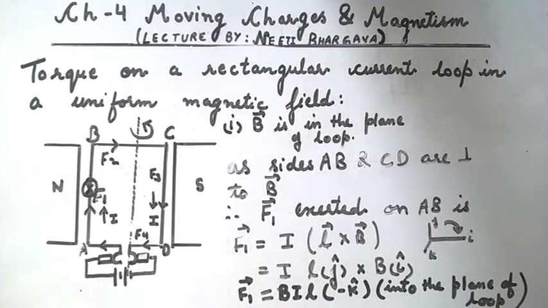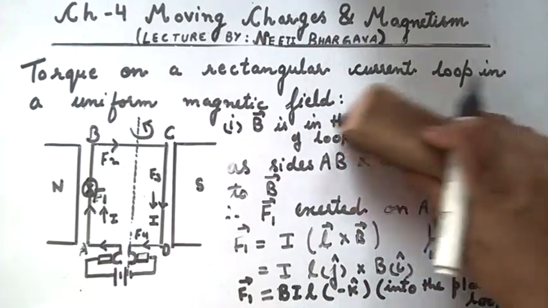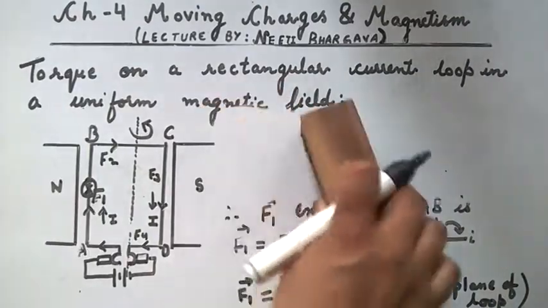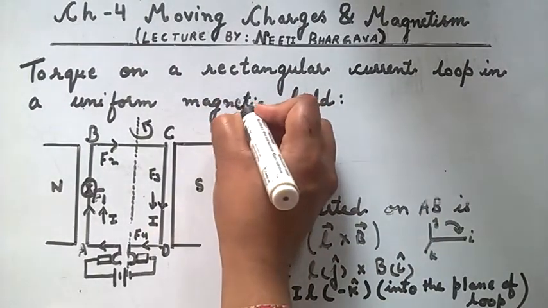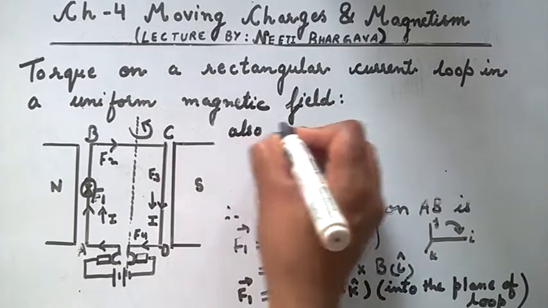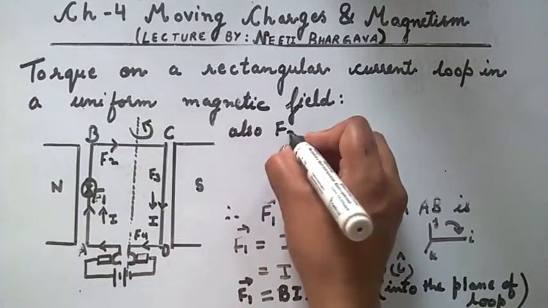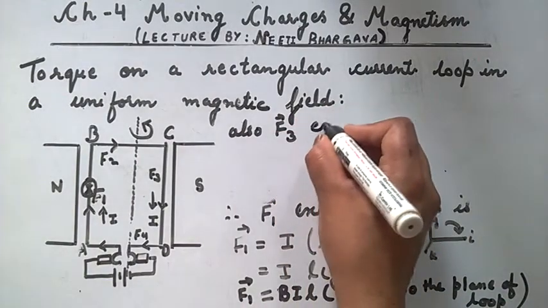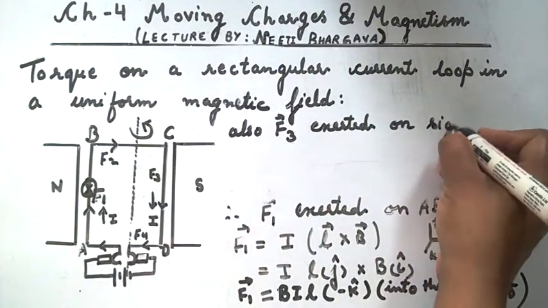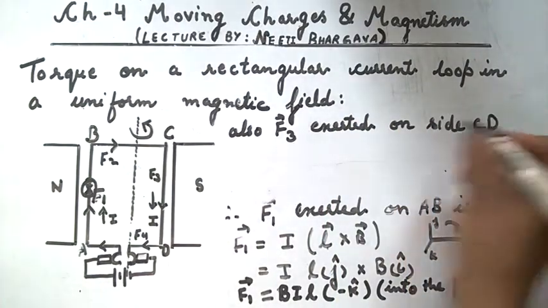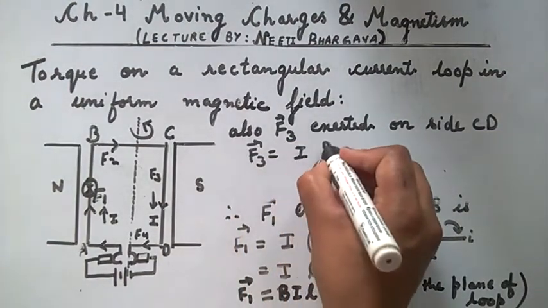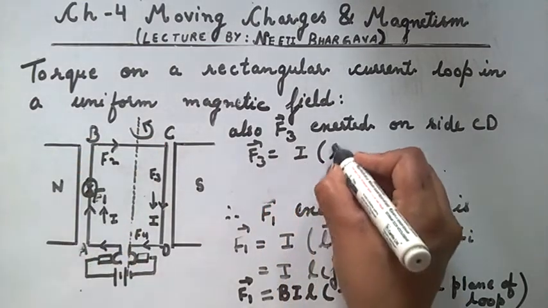Now, similarly, the force F3 exerted on side CD, by Ampere's law, its value is I, L vector cross B vector.